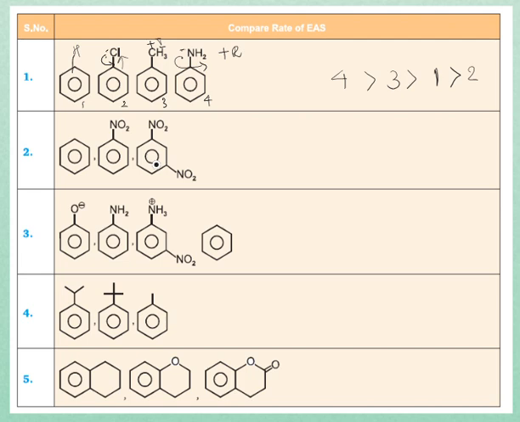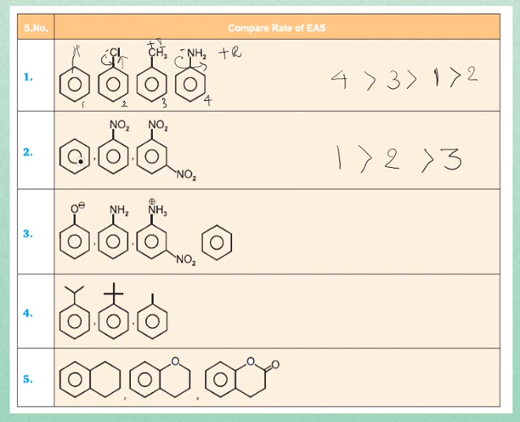So further reaction would be less, because if it is already electron deficient, why would an electrophile, which is also electron deficient, attack the benzene ring, isn't it? So if there are electron withdrawing groups like nitro, it should go at the end. The more the groups, the more deficient the benzene will be.